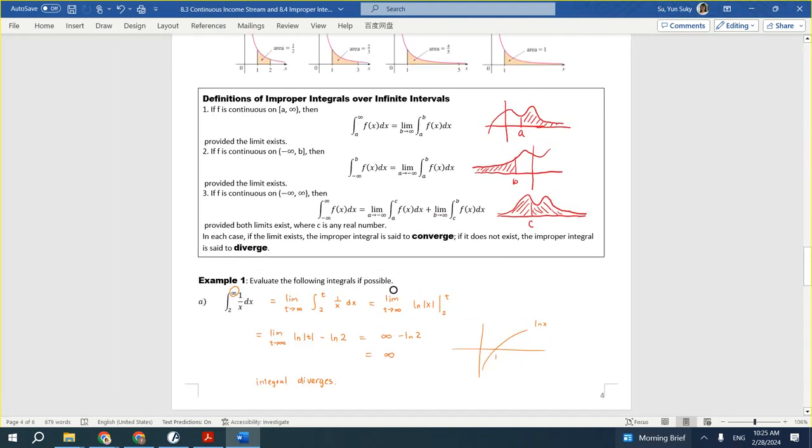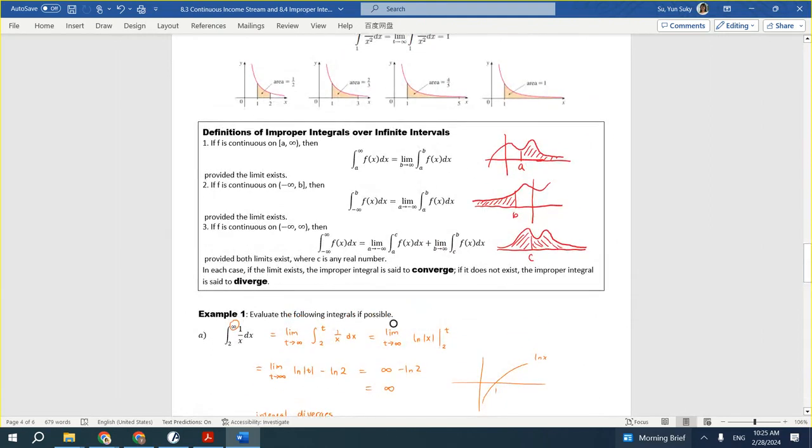The 1 over x squared looks like that, but the area actually converges to 1. 1 over x also looks like this, but actually this area is infinity. So it really depends on the power in the denominator. Any questions about example 1?